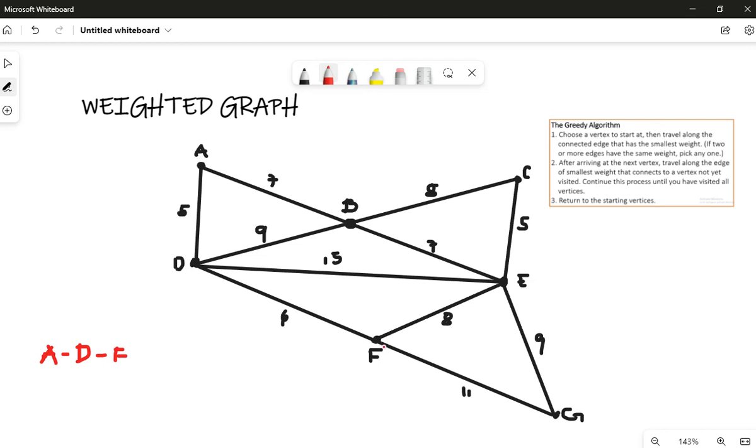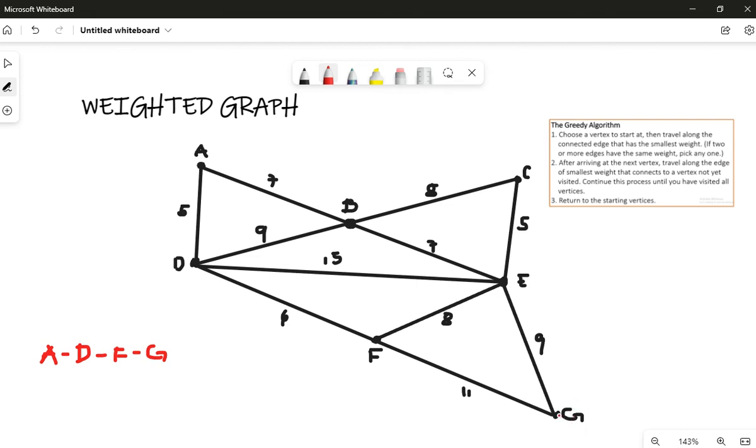However, if I go directly to vertex E, then I will miss vertex G, which is not possible if we are following the condition because all of the vertices should be used. So therefore, I will go to vertex G. From F to G.